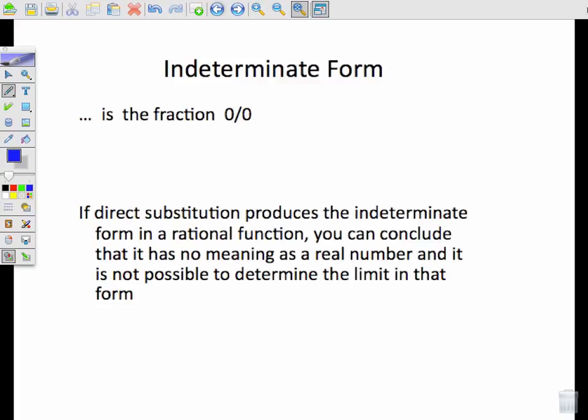If direct substitution produces the indeterminate form in a rational function, you can conclude that it has no meaning as a real number, and it is not possible to determine the limit in that form. Since we can't determine the limit in this form, there are things we will do so that we can determine the limit. The next 3 examples follow this format.